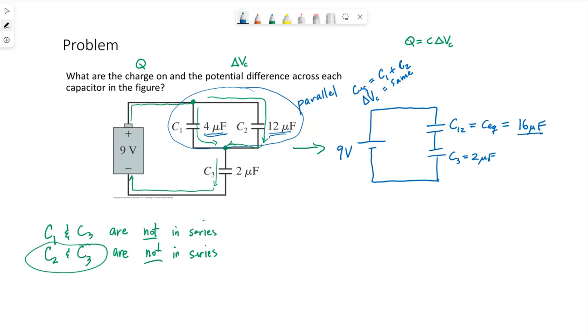This still, though, I don't know the voltage or charge on these individually, so we will need to take one more step to find an equivalent of all three together. So the equivalent of adding these two in series.